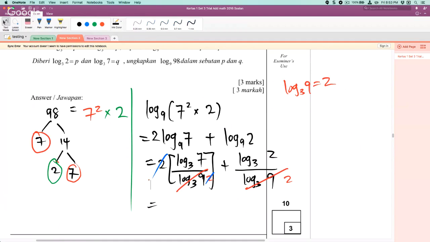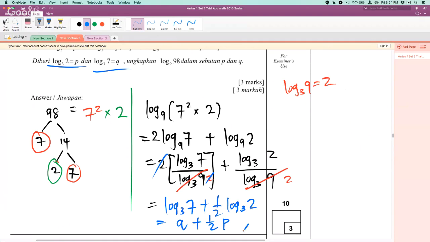I simplified 2 and 2 here, and I basically get log 3 of 7. The 2 here we can't simplify, so I will move it to the front, it becomes 1 over 2 multiply log 3 of 2. So I have log 3 of 7 equals Q, plus log 3 of 2 equals P, half P. Right, this is how we solve this kind of question.